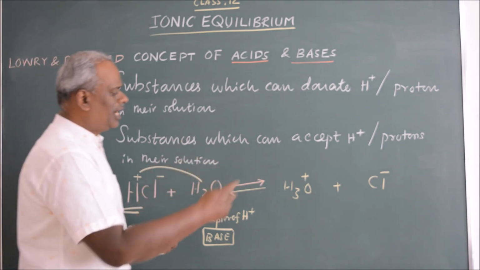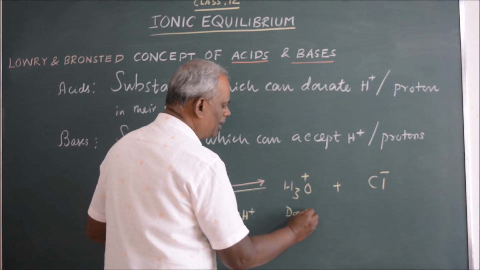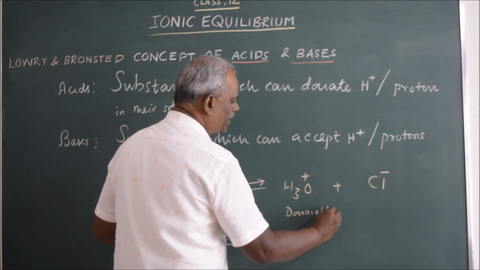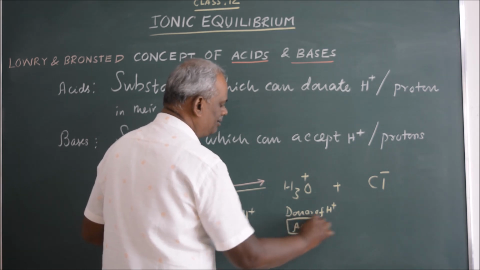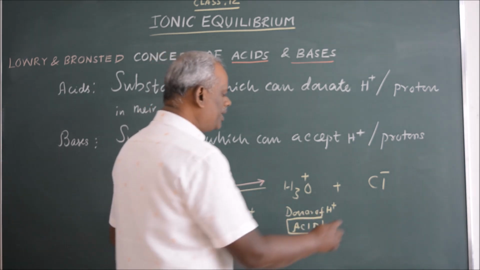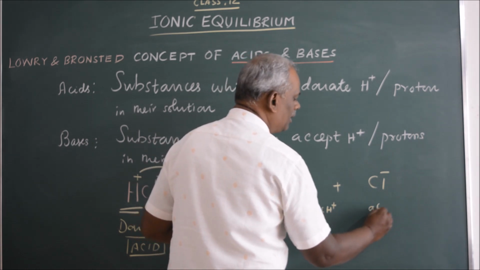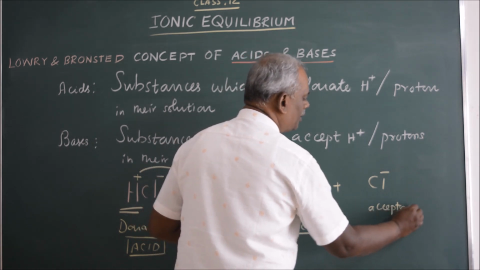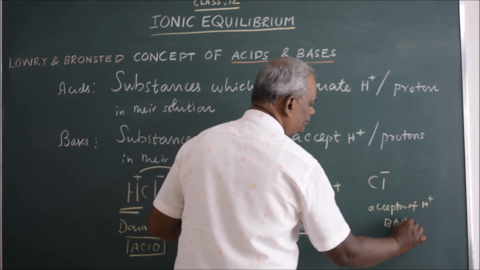So in the opposite reaction, now this is able to donate. This will be the donor of H plus, so that we can call this another acid. And this will be the acceptor of H plus, so this is the base.